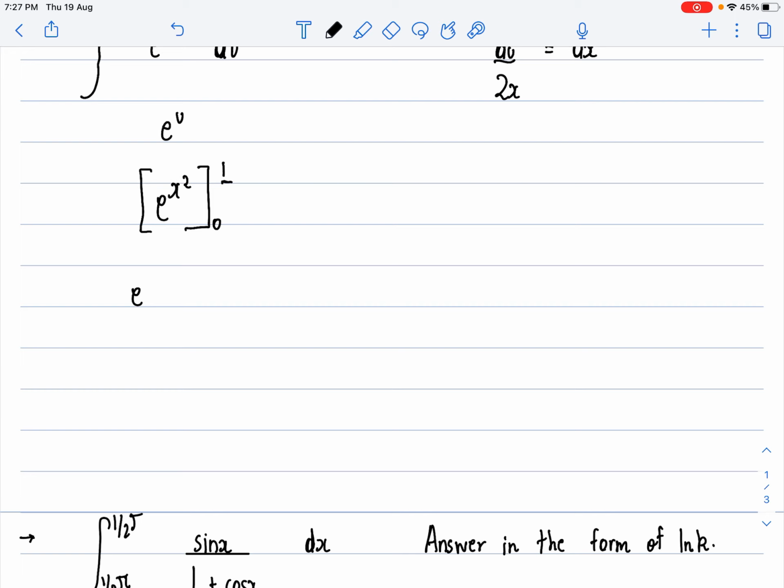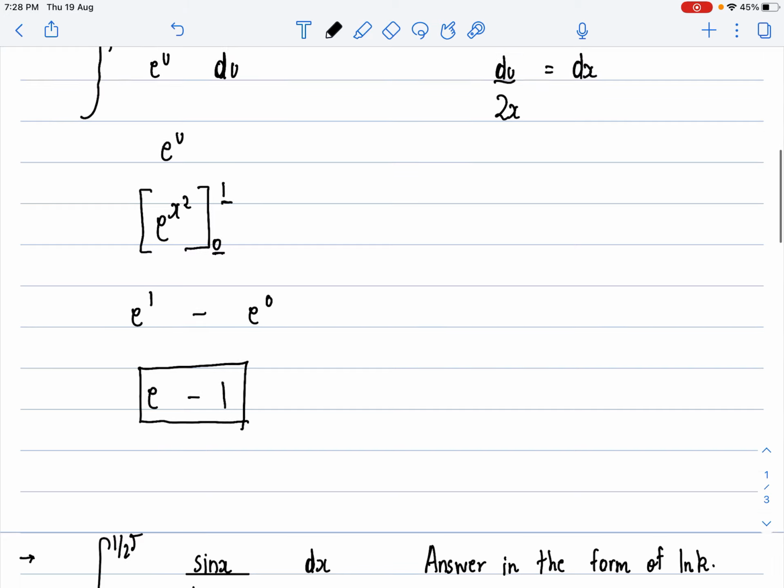So you get e raised to 1 minus, then put the lower limit, e raised to 0. So you can write this as e minus e raised to 0, which is 1. So e minus 1 is basically your final answer in exact terms.